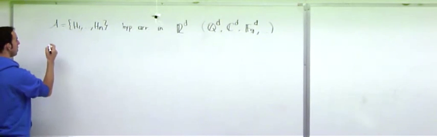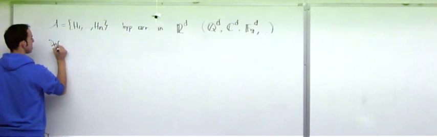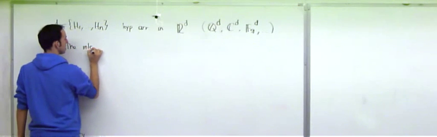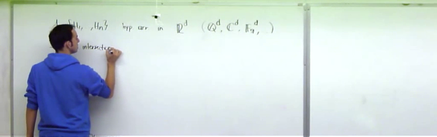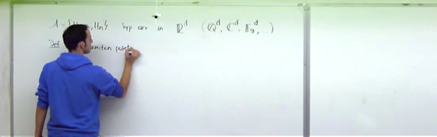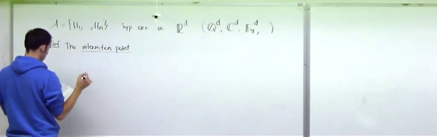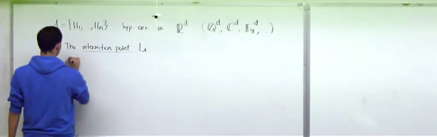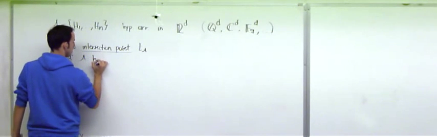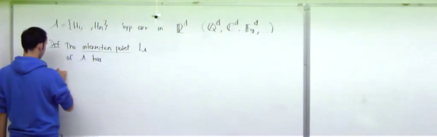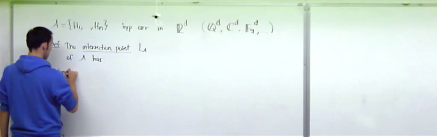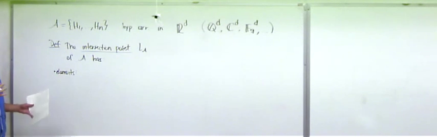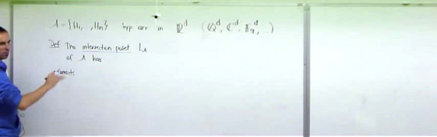So let me make a definition. We're going to make a poset out of the arrangement, which is called the intersection poset. So the elements are going to be all the possible intersections of subsets of these H's.